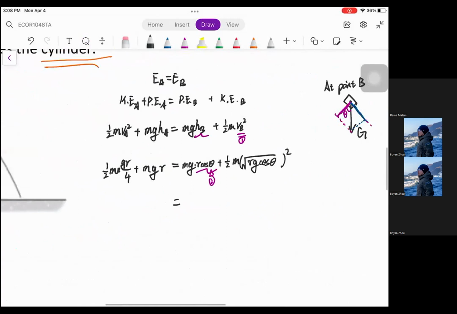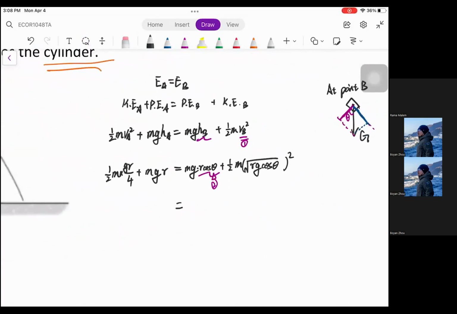So actually we know everything, so we just need to simplify the equation and then isolate for theta.